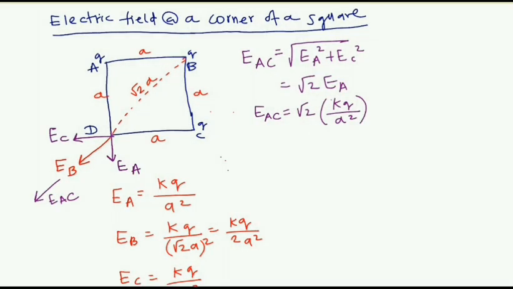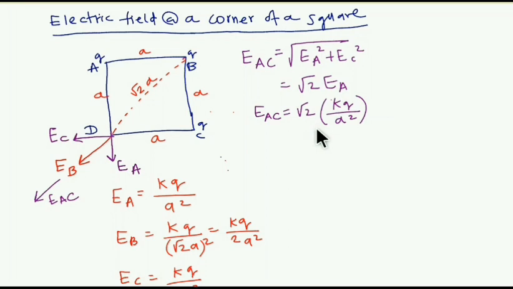Now I am finding the resultant of EA and EC, which I have written here as EAC. Because they are acting perpendicular, I can write root over EA squared plus EC squared. The magnitudes of EA and EC are the same, so I can simply write root 2 times EA, either EA or EC since both are the same.